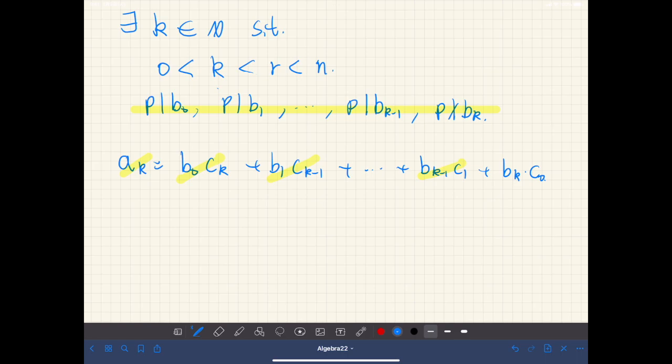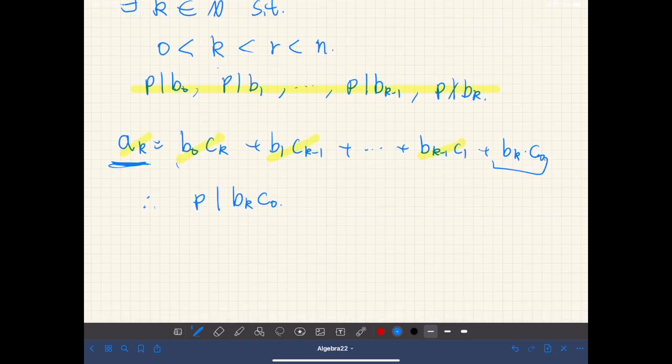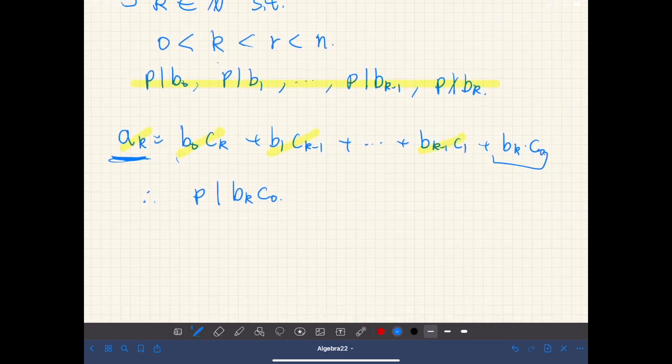So therefore p should divide, so the left hand side is divisible by p and the right hand side is divisible by p except for this one. So this one should be also divisible by p: bk c0.